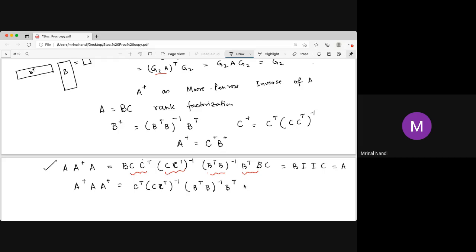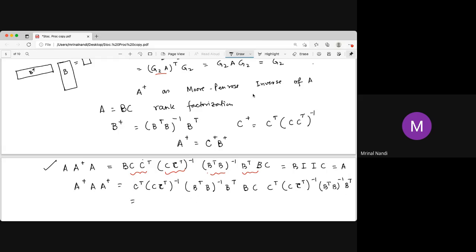Then A means BC, and again A plus means C plus B plus. C plus is C transpose (C C transpose) whole inverse. Then B plus is (B transpose B) inverse, then B transpose. Now what?